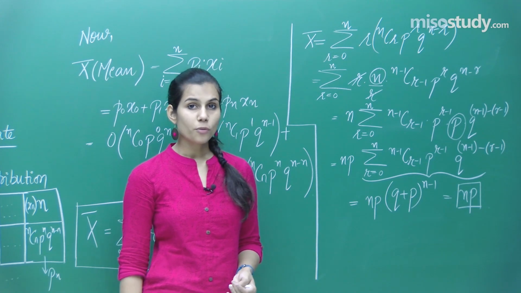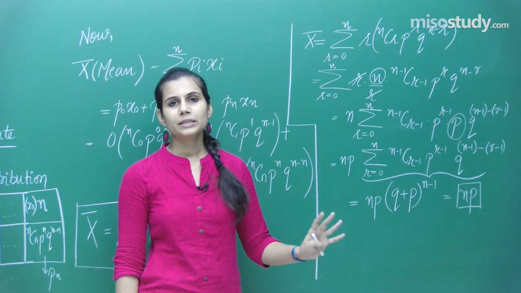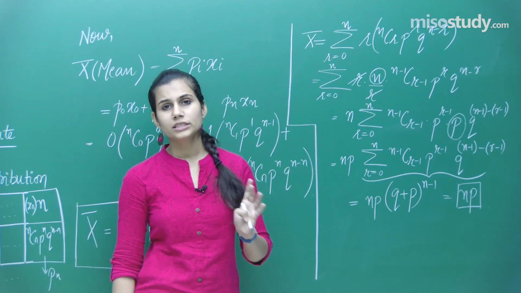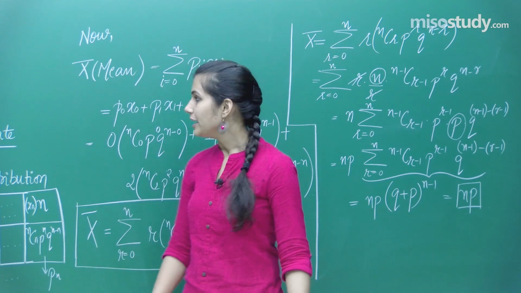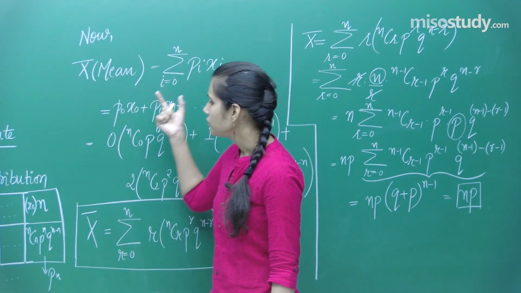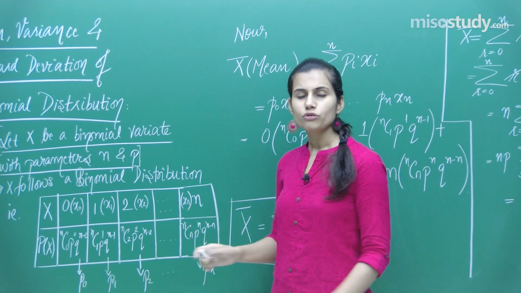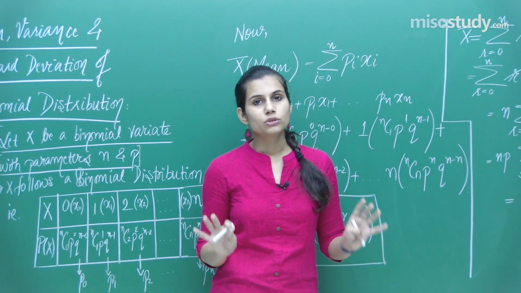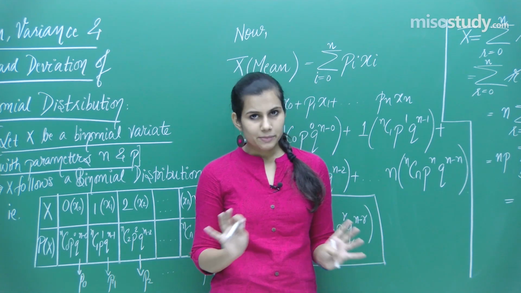So if X is a binomial variate with parameters n and p, just multiply the both of them, you have the mean. You don't need to calculate the entire binomial distribution and then add up the respective probabilities with the respective values, like you were doing in the probability distribution. Here the process is very much simplified.